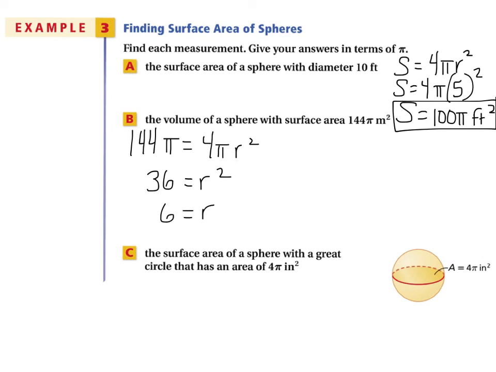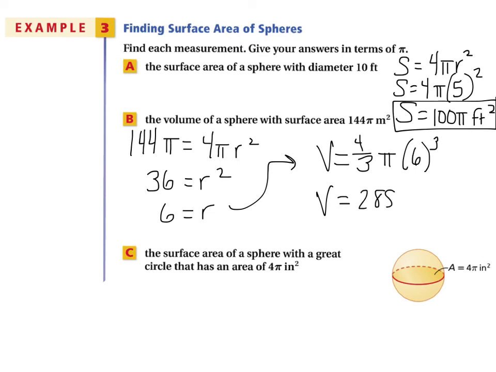So the radius is 6. I now plug that into the formula for volume, 4/3 pi, and then 6 cubed. 6 times 6 times 6 times 4/3. That would give us 288 pi cubic meters.